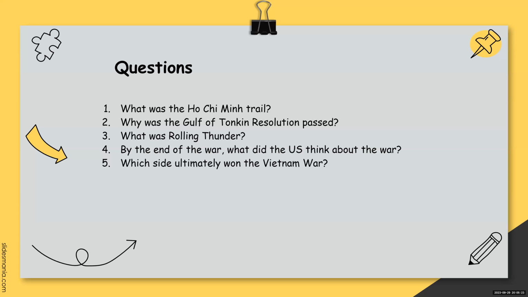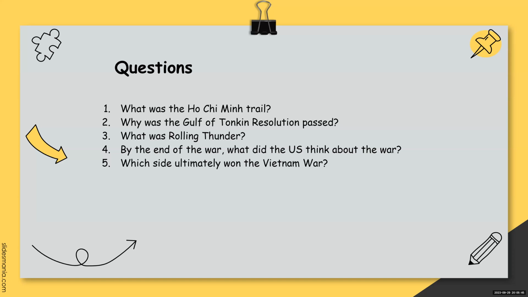I think he said the Gulf of Tonkin resolution was passed after President Lyndon B. Johnson chose to believe that an unprovoked attack had sunk two U.S. destroyers. Yes, that's correct, Susie.